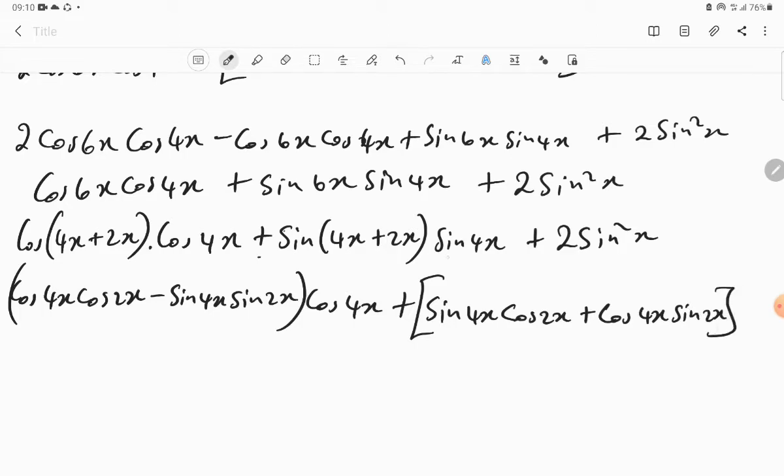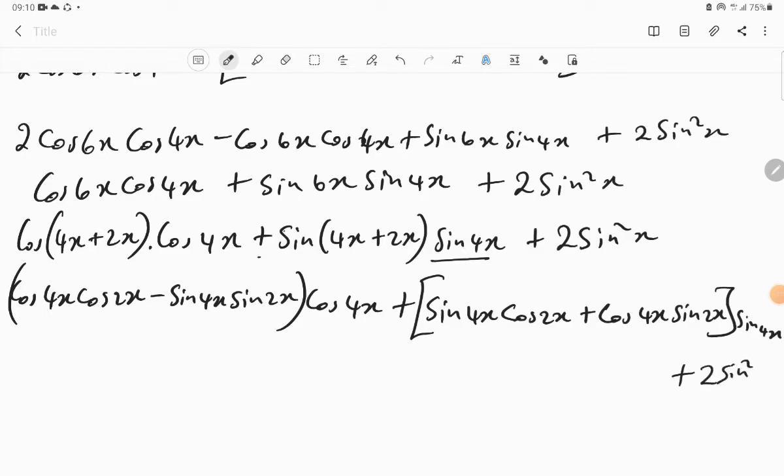And don't forget to effect that one, then sine 4x. Let's just have sine 4x there. But don't forget to also add this one, because really this one is just added there.